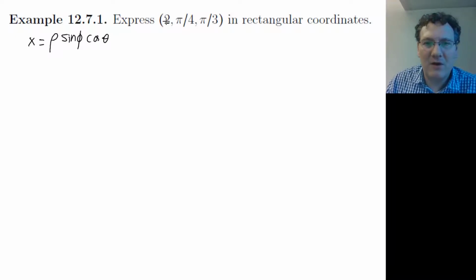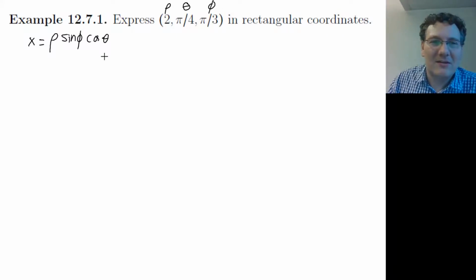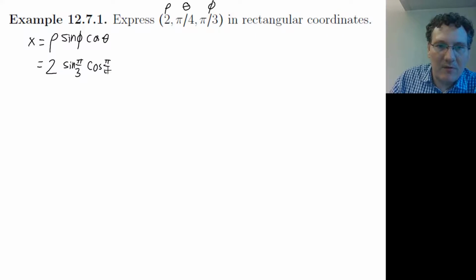Here we have our rho, our theta, and our phi. So rho is 2, the sine of phi is the sine of pi over 3, and then we have the cosine of pi over 4.